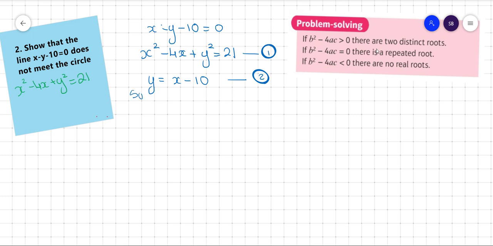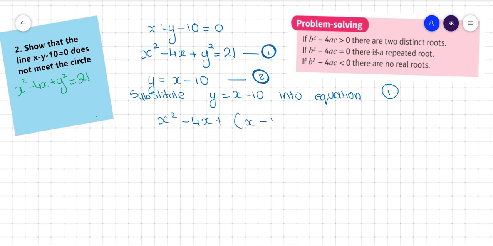Now, substitute y is equal to x minus 10 into equation 1.